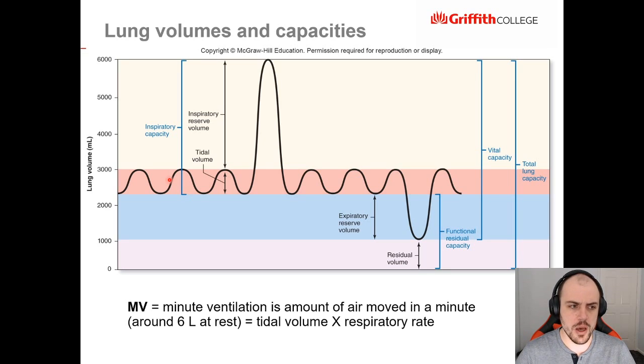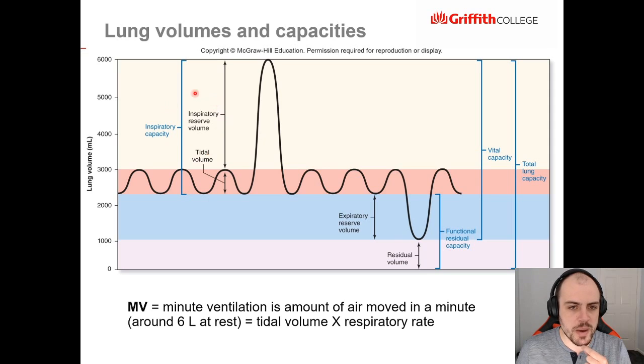And then suddenly my shoulders were pulled up and back, my rib cage went up, really expanding that volume. That's what we are seeing here, this massive inspiration. When we take into account the total of my passive breathing and that massive inhalation, that is our inspiratory capacity. What does that mean? That is the maximum amount that I can inhale at one time.